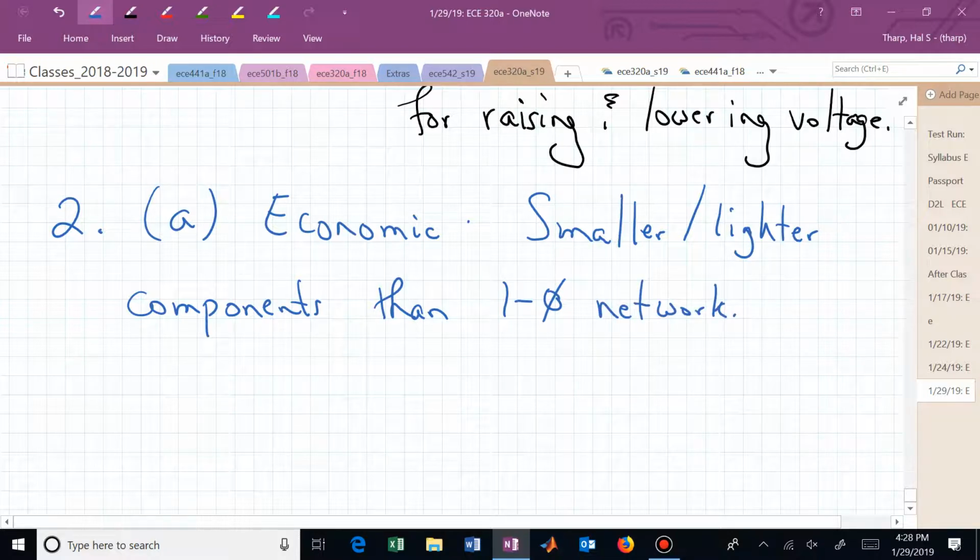The easy way to think of that is, if I want the same amount of power delivered from point A to point B, then if I can do it in three different pieces, I can split it up in thirds instead of one big chunk. And three smaller pieces don't require as much network component or wire to accommodate that lower current versus the big one.